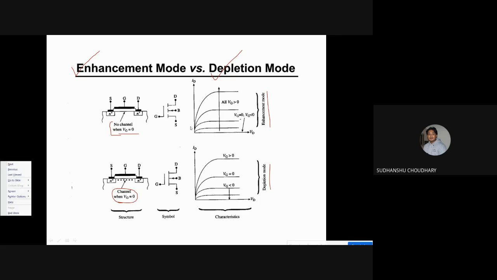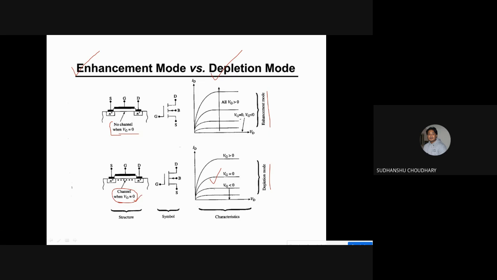Now how will the IV characteristics change? Obviously, in a depletion mode MOSFET, there is a channel. That means at gate bias of 0 also, there should be current between drain and source. If I apply a drain to source voltage, then there should be current even at VG equal to 0. This is the current for VG equal to 0, where you haven't applied any gate bias, but still there is current.